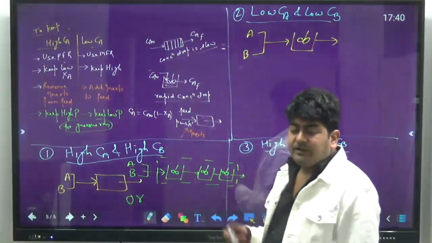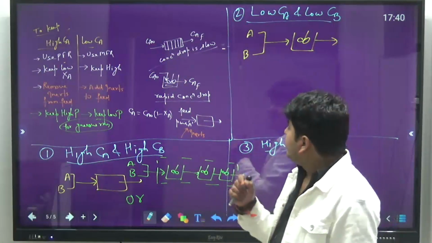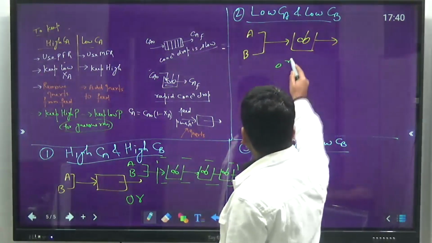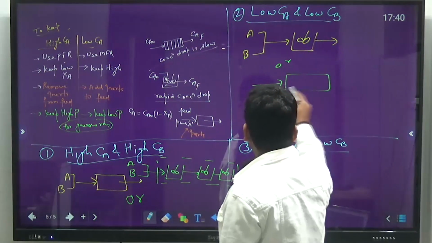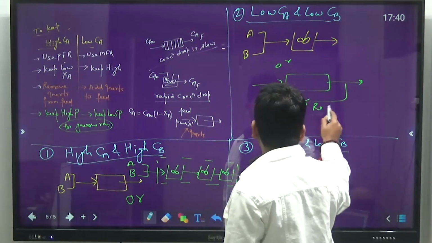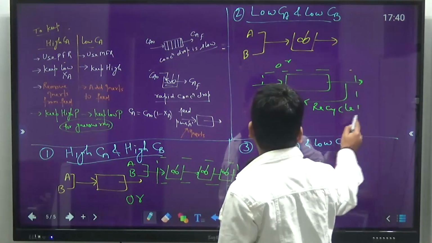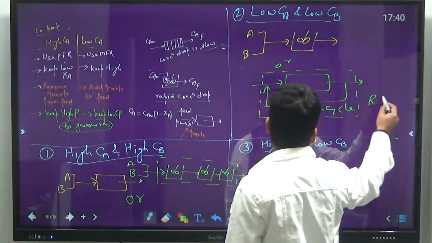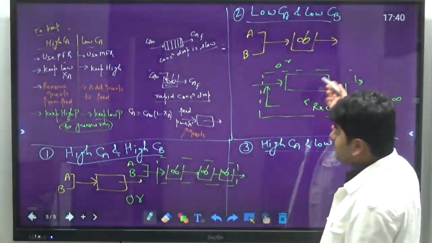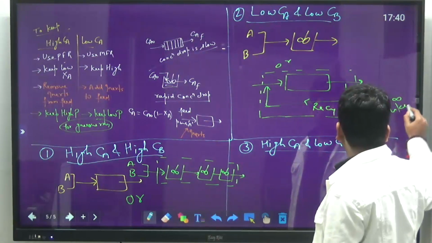And for PFR, we know the basic difference between PFR and MFR is back mixing. In MFR we have back mixing, in PFR axial mixing is 0. So in PFR, if you do the recycling, if you attach one recycle stream, then that will act like one MFR. The condition is that R, the recycle ratio, should be infinite. If the recycle ratio is infinite, then your PFR will act like an ideal MFR.